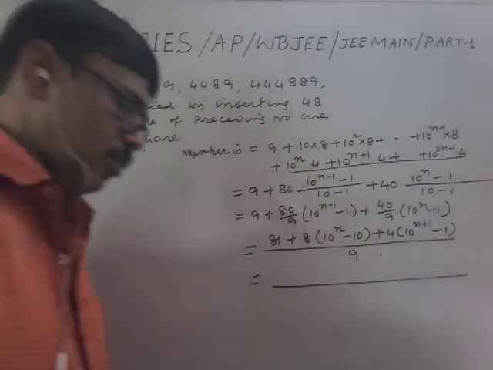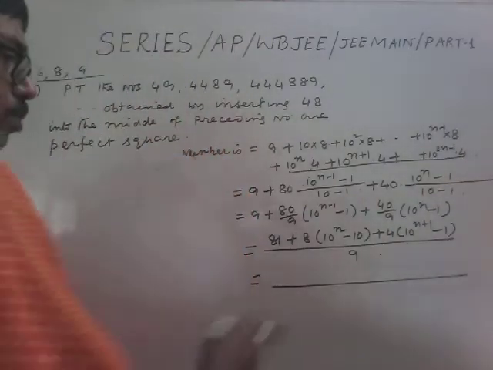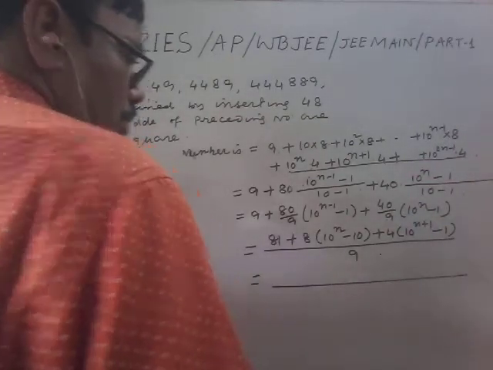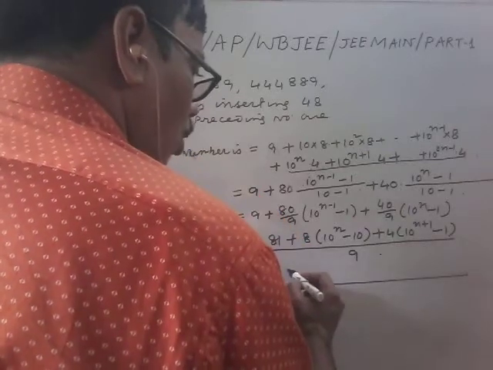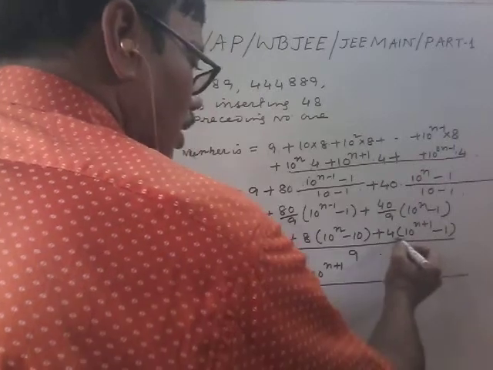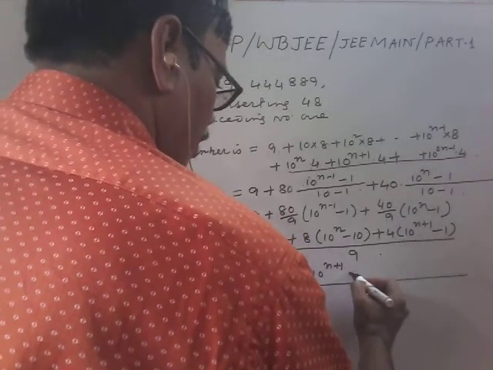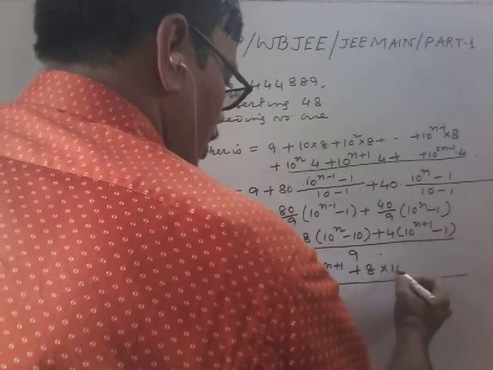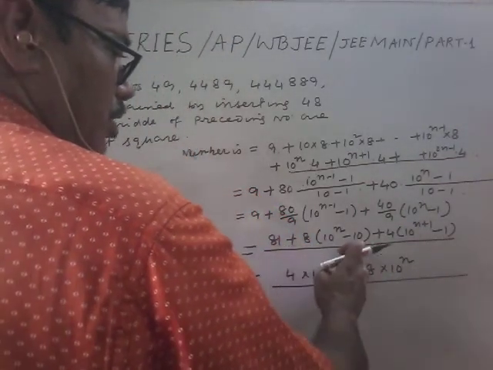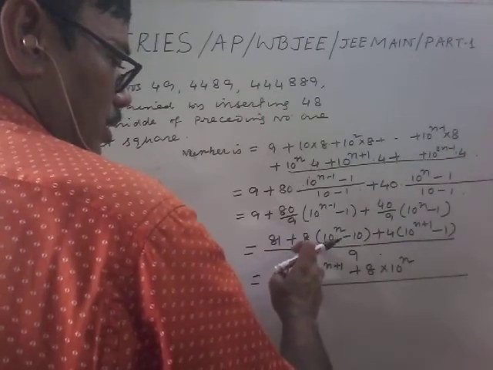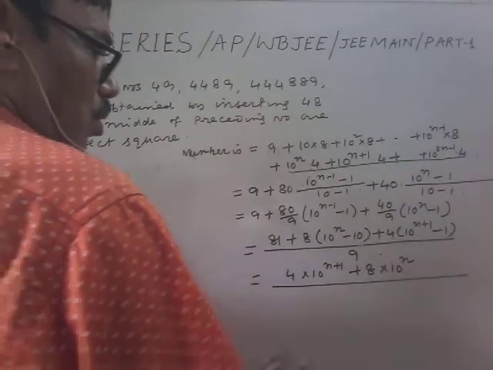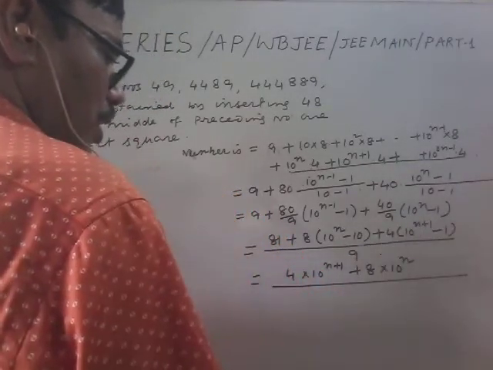Now you have to express it in terms of perfect square. So if you simplify it, look, 4 into 10 to the power n plus 1, plus 8 into 10 to the power n, this is 81 and this is 80, and this is 4 into 1, that is minus 4.